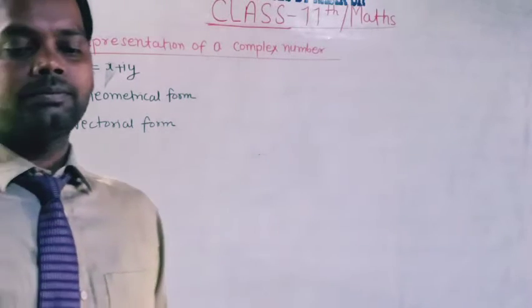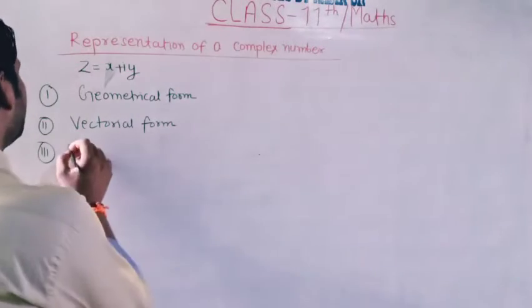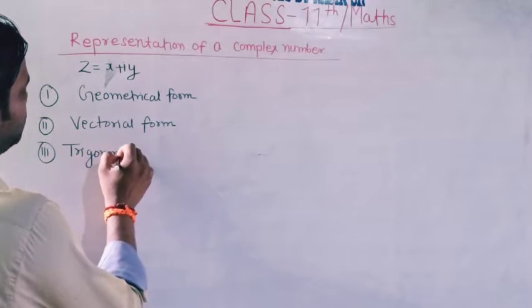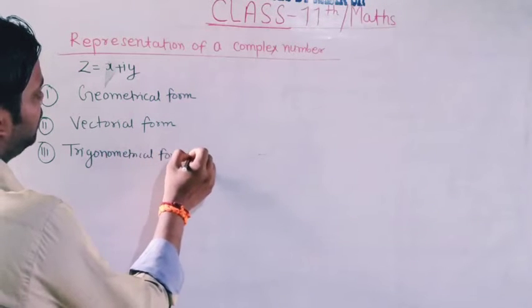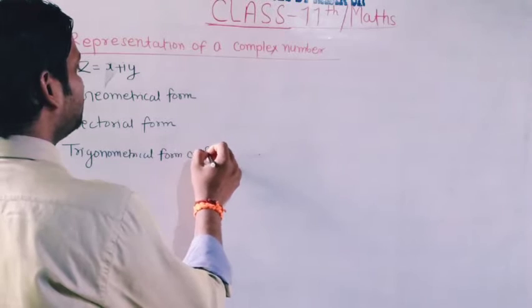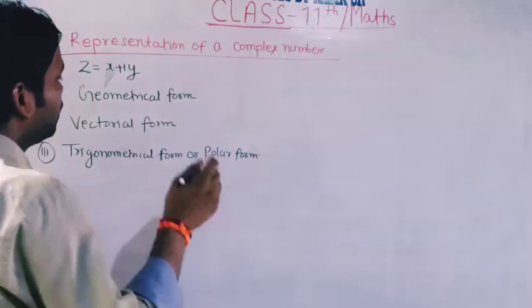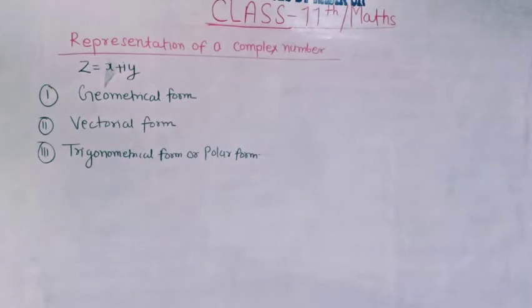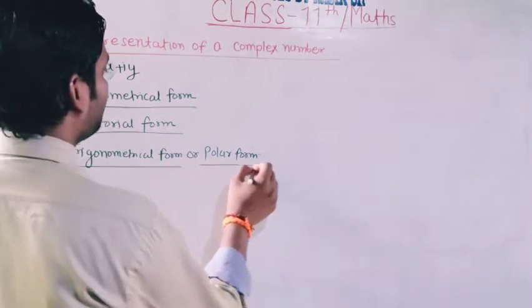The third is trigonometrical form, which is also called polar form. Okay, the complex number is represented in the following three forms: geometrical, vectorial and trigonometrical or polar form.